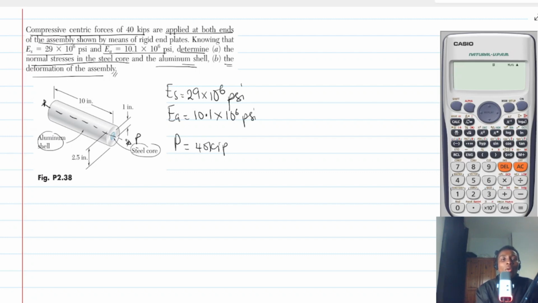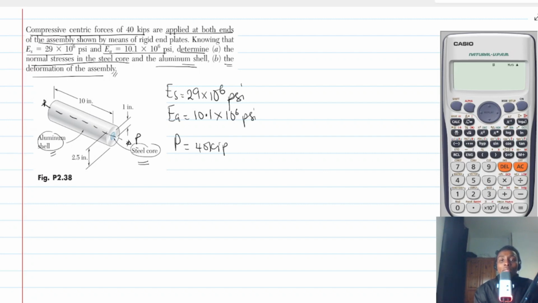Now we have a core and then we have a shell. So some portion of the load will be taken by the steel core, and some portion of the load will be taken by the aluminum shell. So let's solve it together.